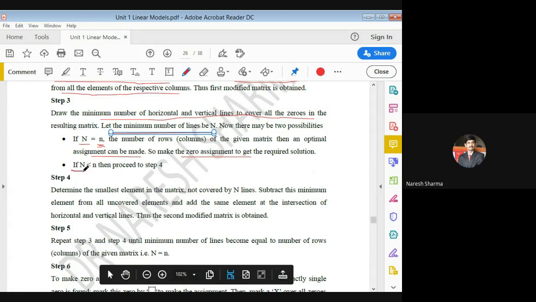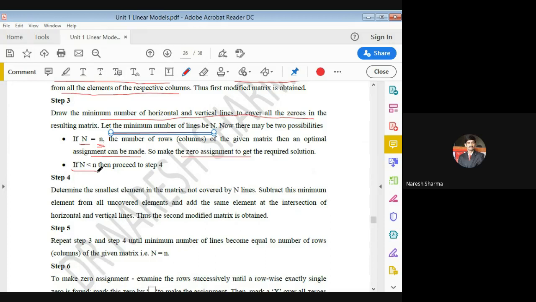But if the number of lines is less than the number of rows or number of columns, then we need to go for step 4. So what does step 4 say? Step 4 says: the smallest element in the matrix not covered by these n lines, those lines you drew in your step 3, leave those covered elements.